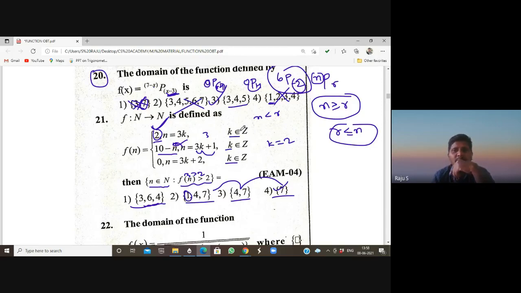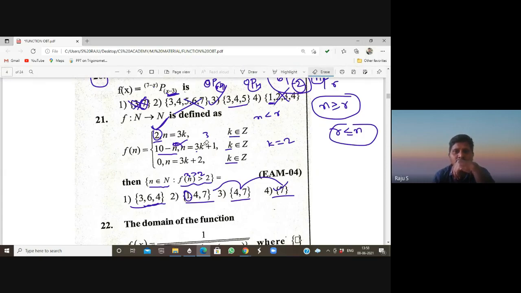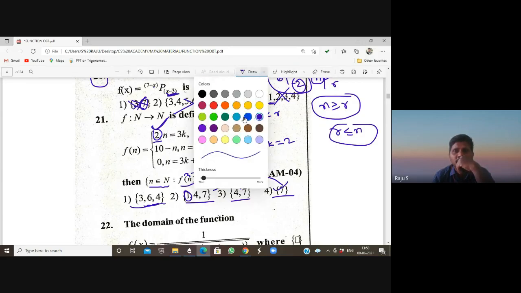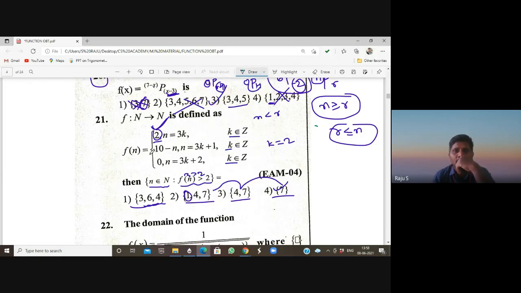Which condition does 1 belong to? In what case are we going to get 1 here, plus 1? Third one or first one? Third one. Okay, for what value of integer will it be plus 1? Just option verification here.